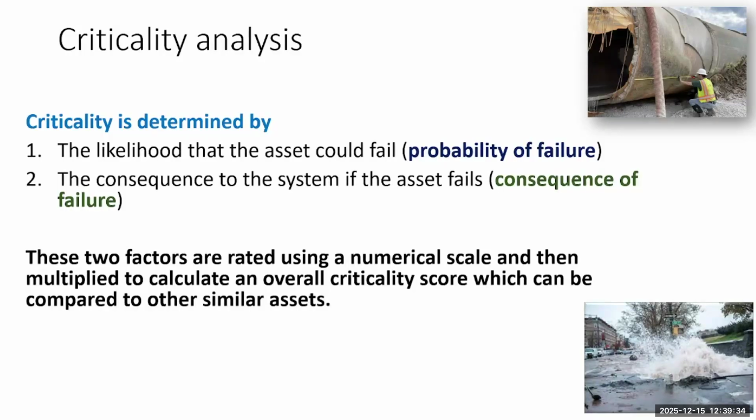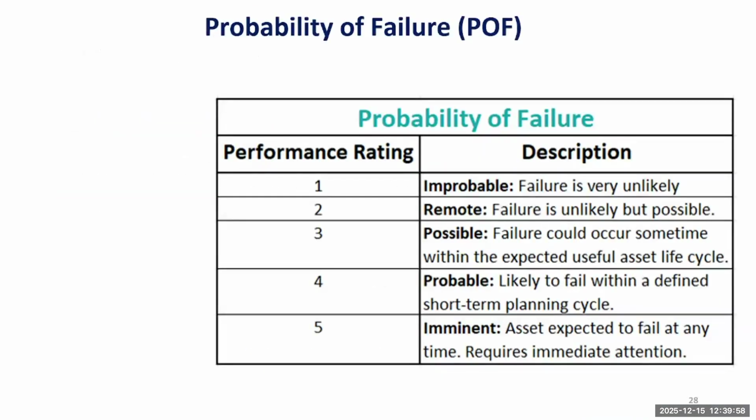It's a tool that we can use to make comparisons. We're going to take our probability of failure, multiply that by our consequence of failure, and that'll give us our criticality. Initially, we put numbers to the POF and numbers to the COF, and then ultimately to our criticality.